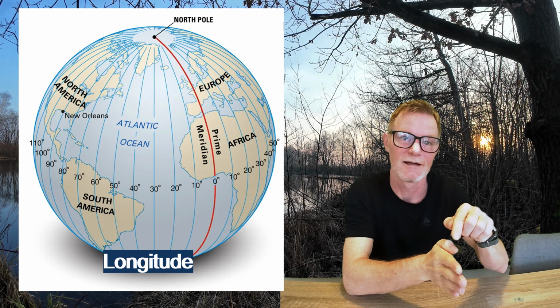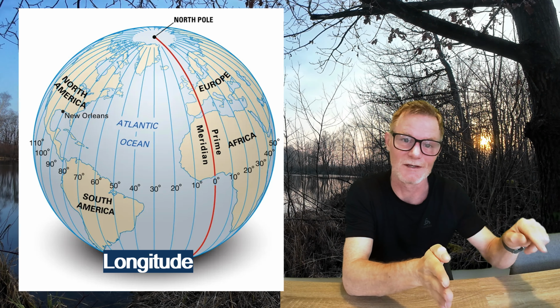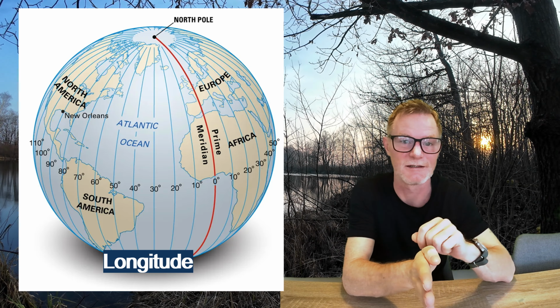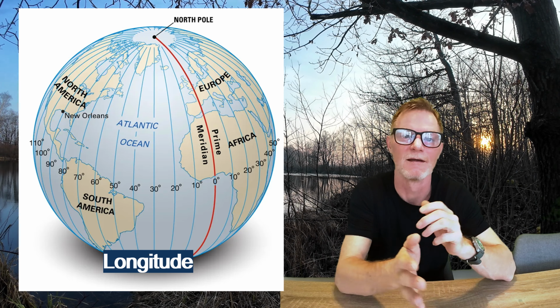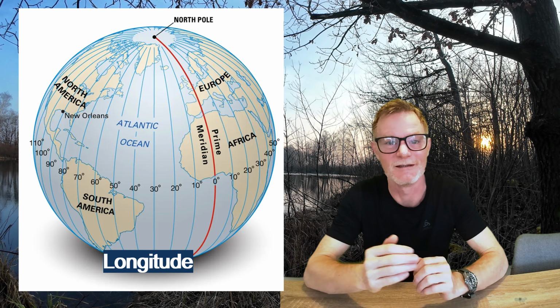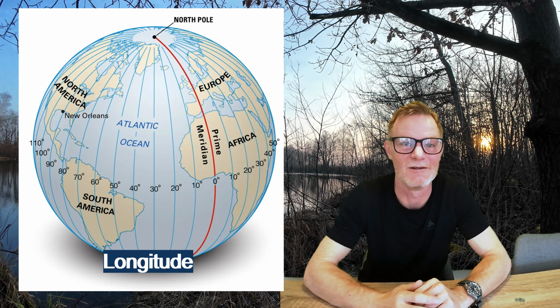They also go in the other direction in 10-degree steps. So we've got 10 degrees to the east, 10 degrees, 20 degrees, 30 degrees, up to 180 degrees to the west. Now, how do we differentiate between an easterly and a westerly longitudinal line? Well, this is pretty simple, and I've just given you a very big clue.